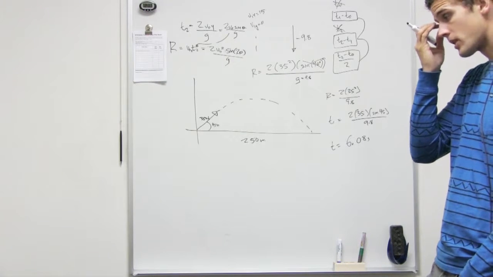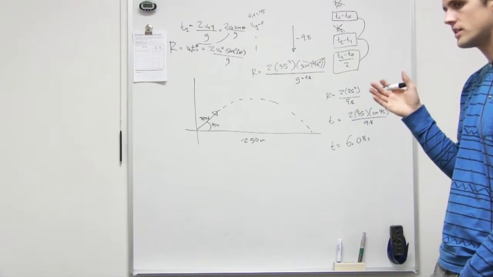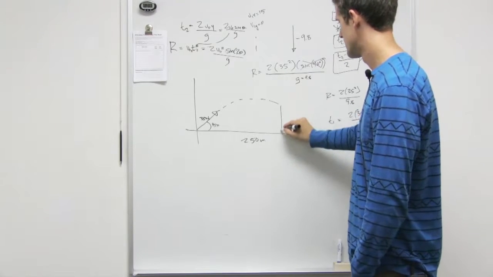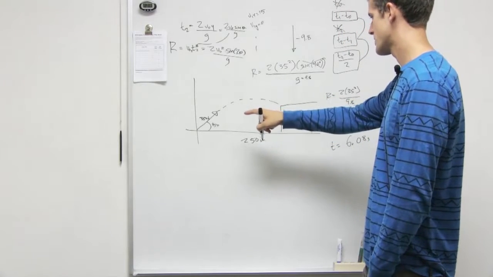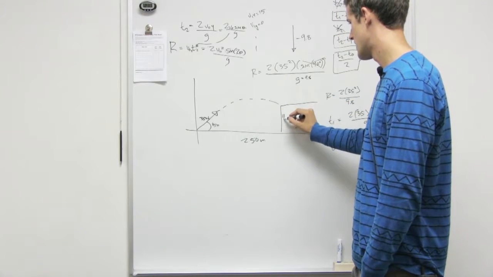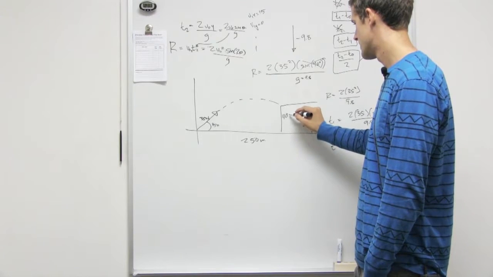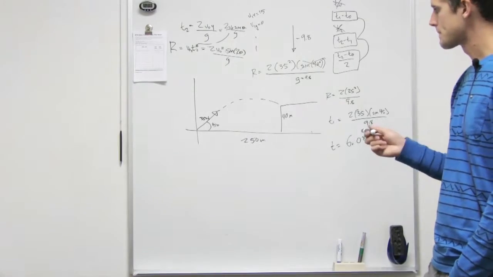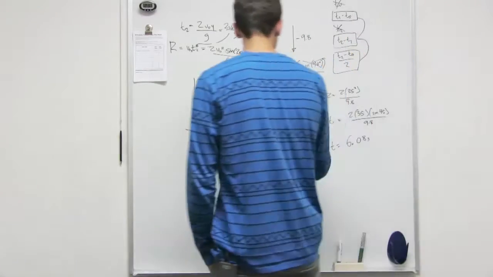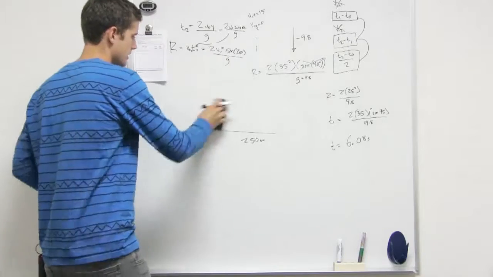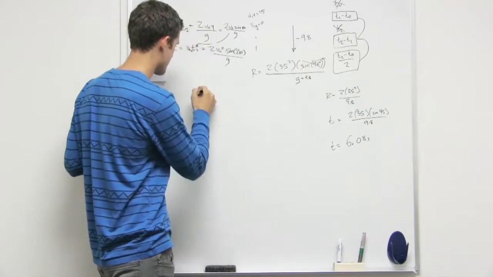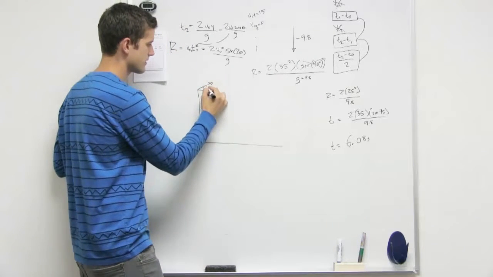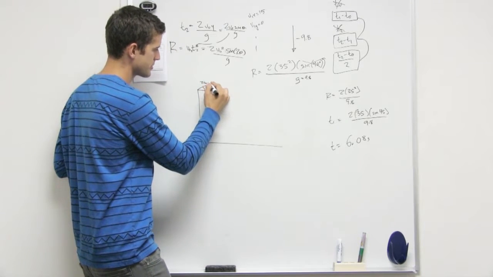So then you know it flew 250 meters and it took 6.08 seconds to get there. That's cool. So they're pretty useful until you change the problem and say you're launching at an angle at 35 meters per second and you want to land on top of a cliff that's 40 meters tall. Or say you launch at 15 degrees, 20 meters per second.